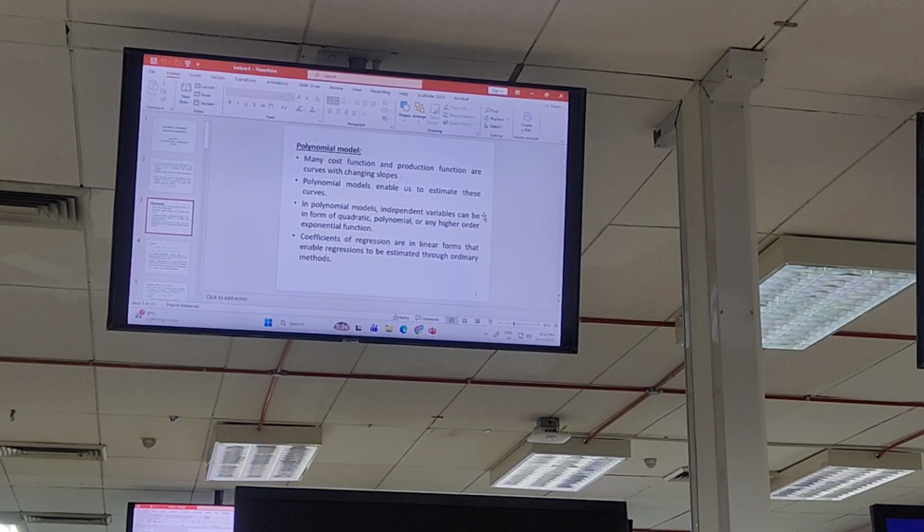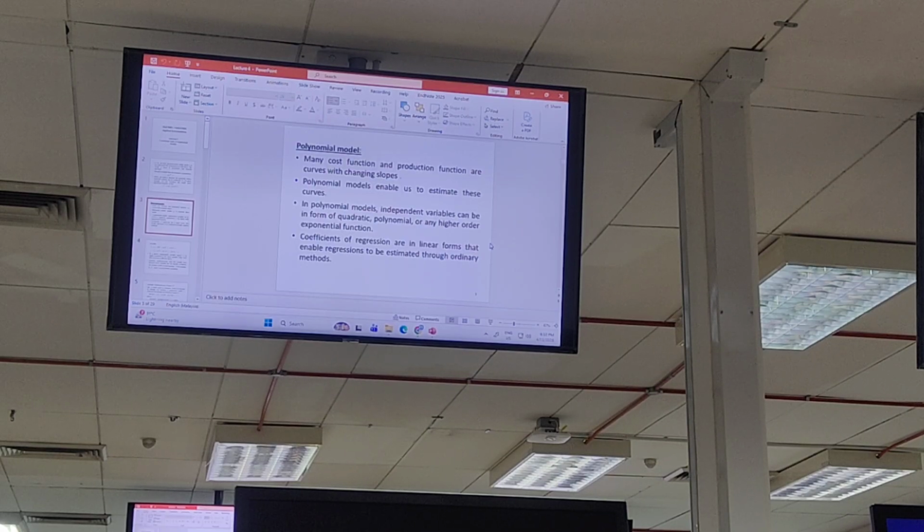In the polynomial model, many cost functions and production functions are curved with changing slopes. So the polynomial model enables us to estimate this curve. In the polynomial model, the independent variable can be in the form of a quadratic polynomial or any higher order exponential function. The coefficients of regression are in linear form, which enables the regression to be estimated through ordinary methods.